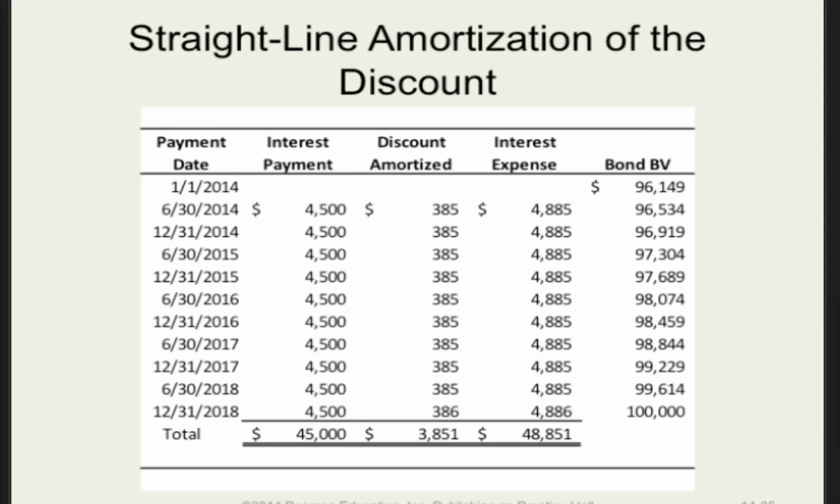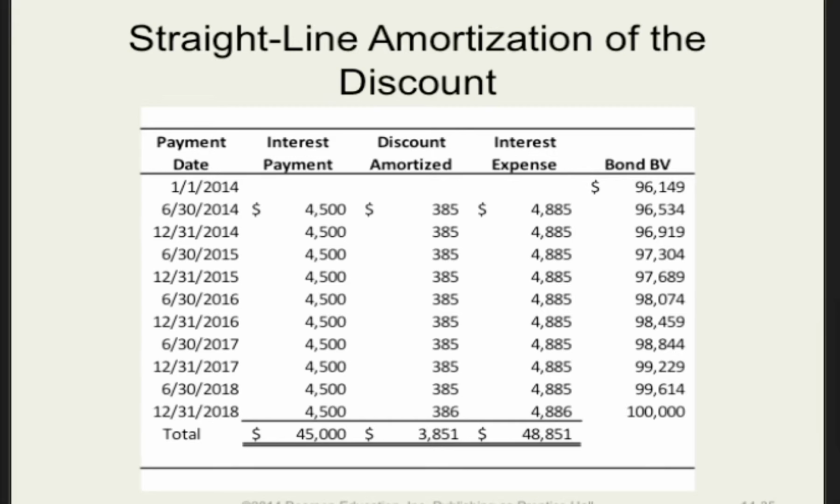The discount amortization table shown here shows the computation of interest expense over the course of the bond's life. There will be 10 interest periods, 2 per year. Each period will see an interest payment of $4,500, which is $100,000, the face value of the bond, times 9% times 6 out of 12, or 1/2 of the year.